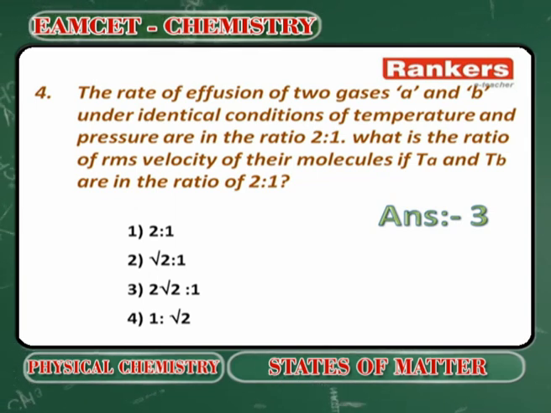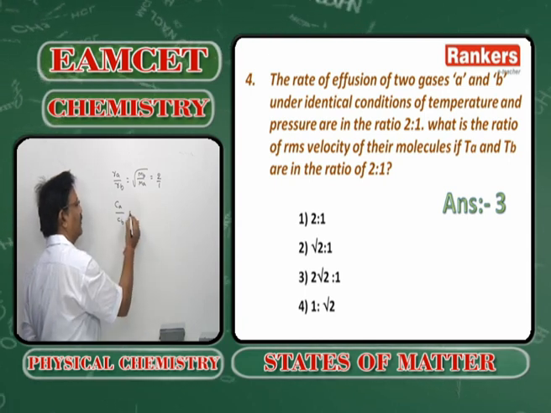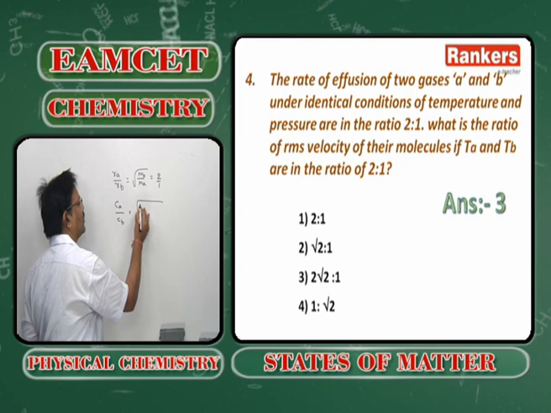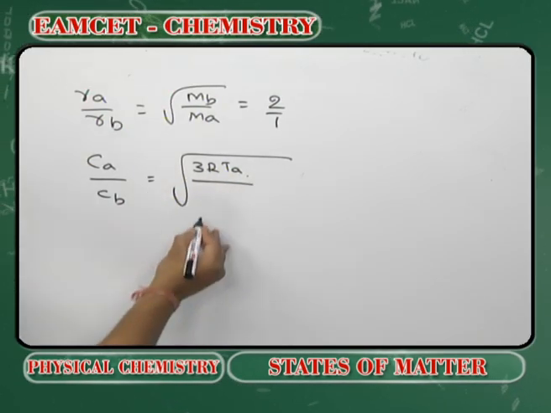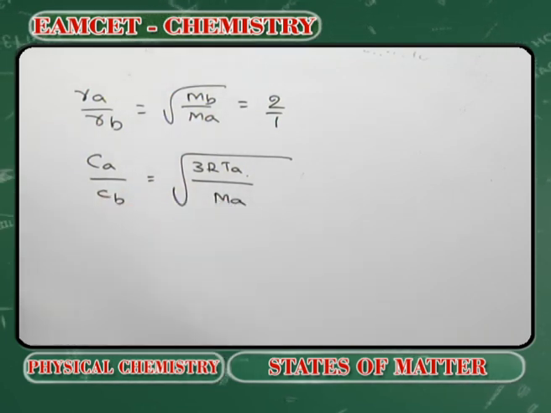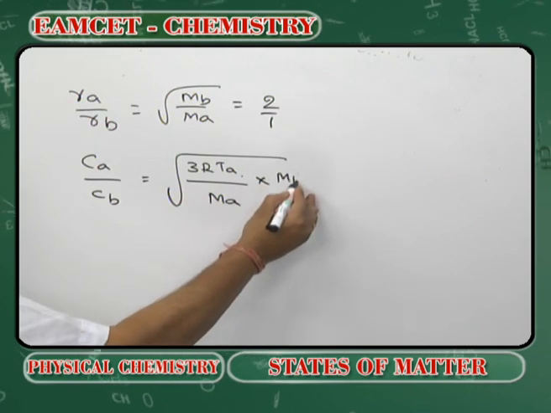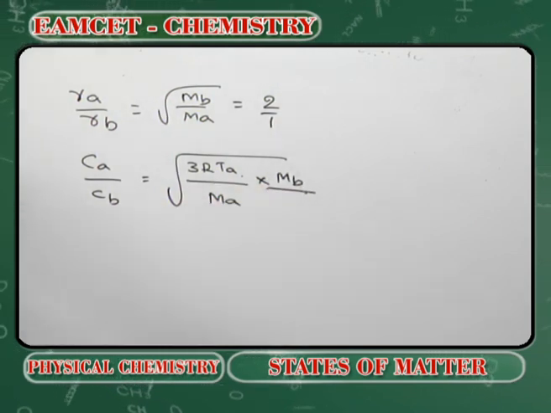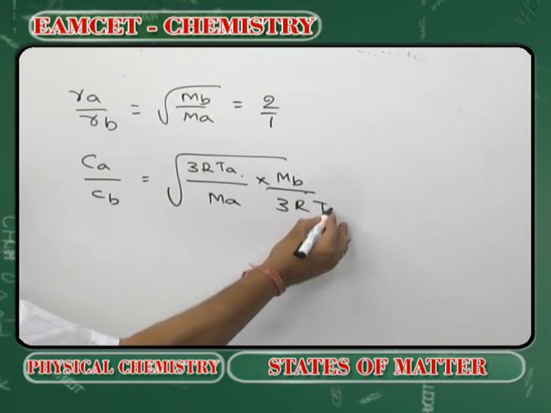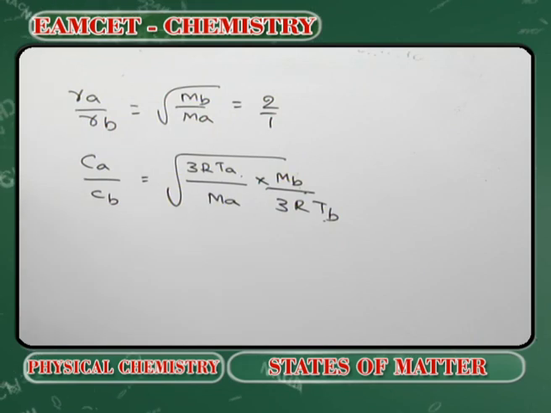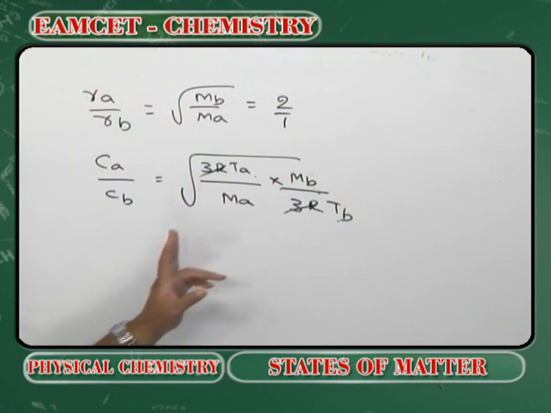So the RMS velocity ratio CA by CB will be equal to root of 3RTA by MA into MB by 3RTB. The 3R gets cancelled out.